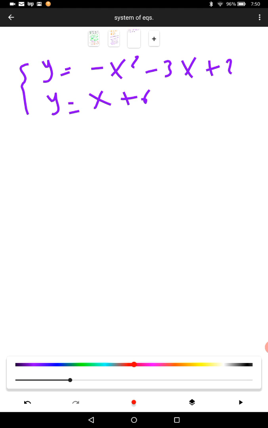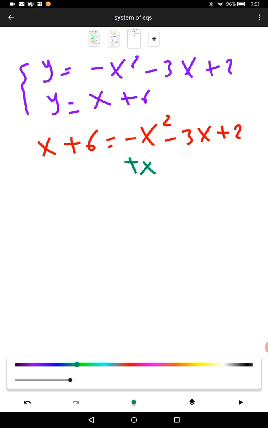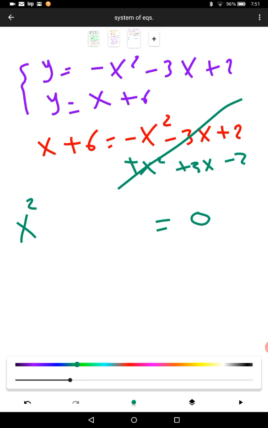So x plus 6 equals negative x squared minus 3x plus 2. Add x squared and 3x and subtract 2 to make the right-hand side equal 0. Now we have x squared, 3x plus x is 4x, and 6 minus 2 is 4.